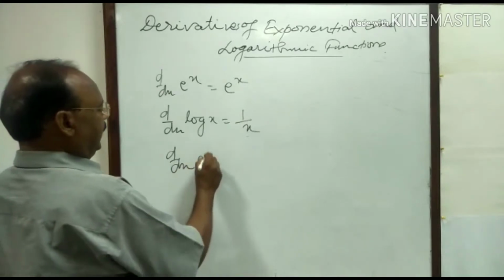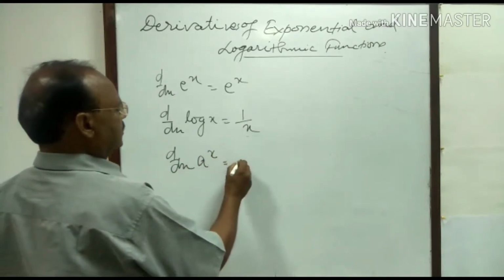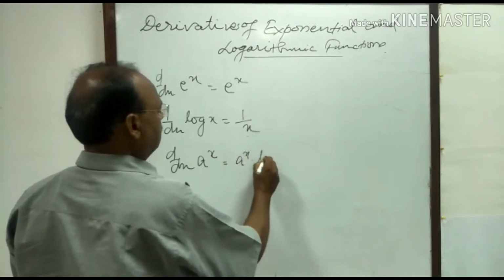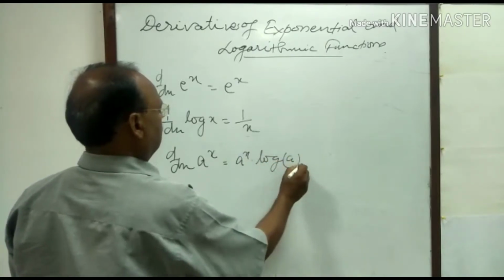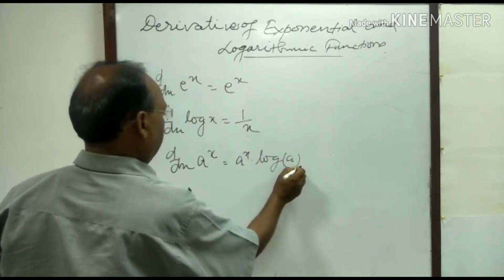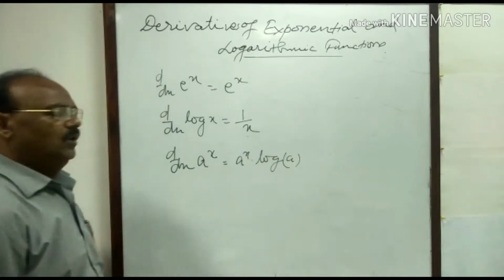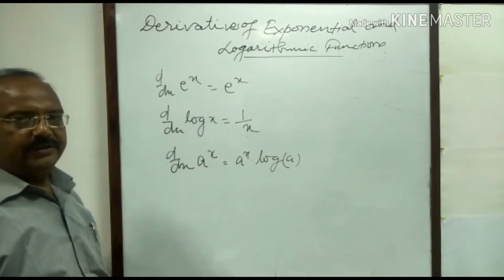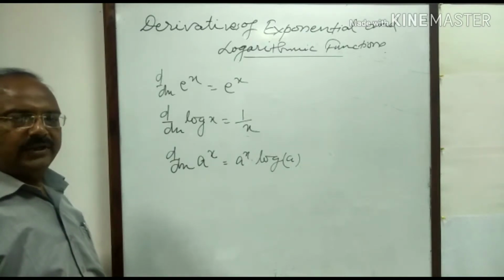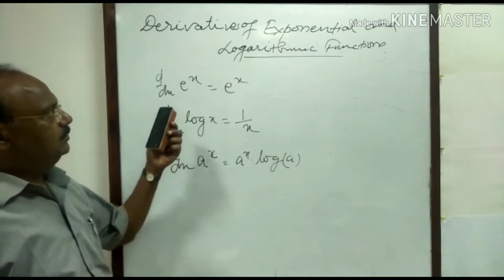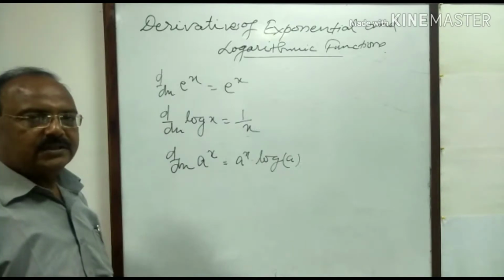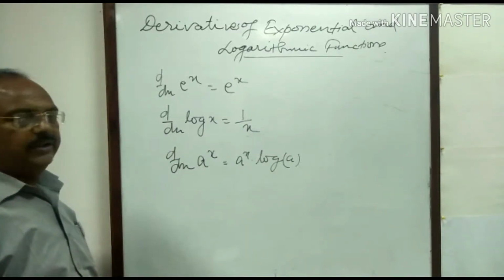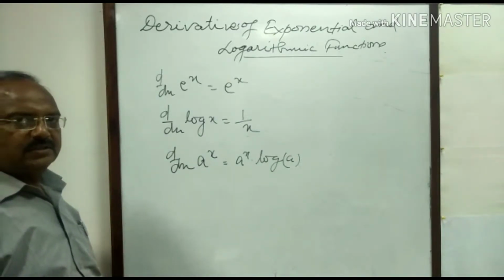And d/dx of a to the power x is equal to a to the power x log a. We should keep these formulas in mind so that we can do problems related to exponential and logarithmic functions easily. Now let us see some questions.